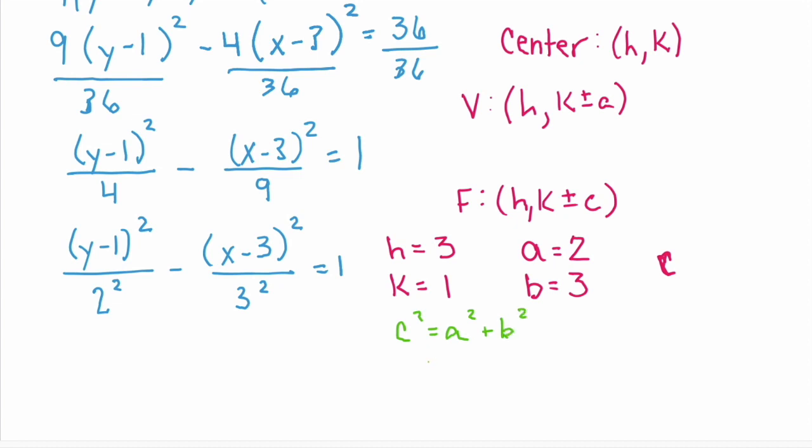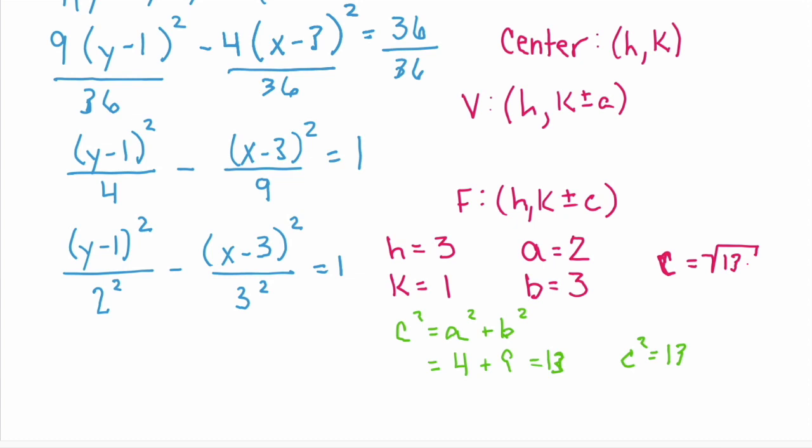So c squared for us is going to be equal to 4 plus 9, or 13, which tells us c squared equals 13. In order to get c, you take the square root, so c is going to be the square root of 13.